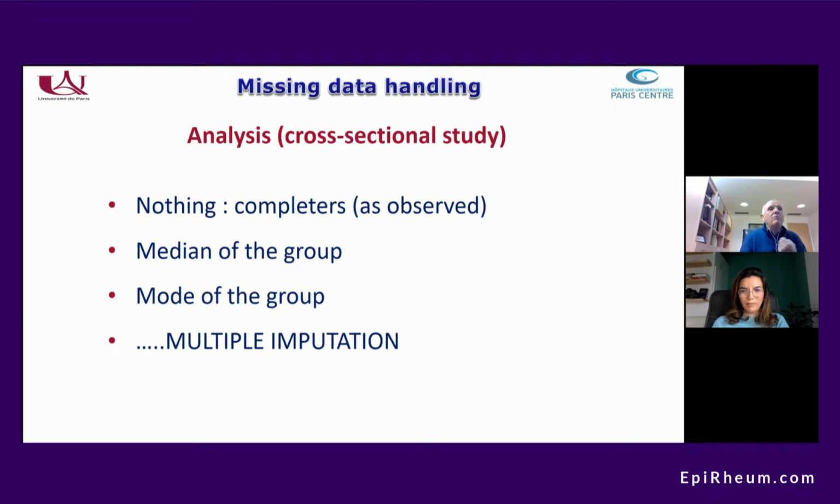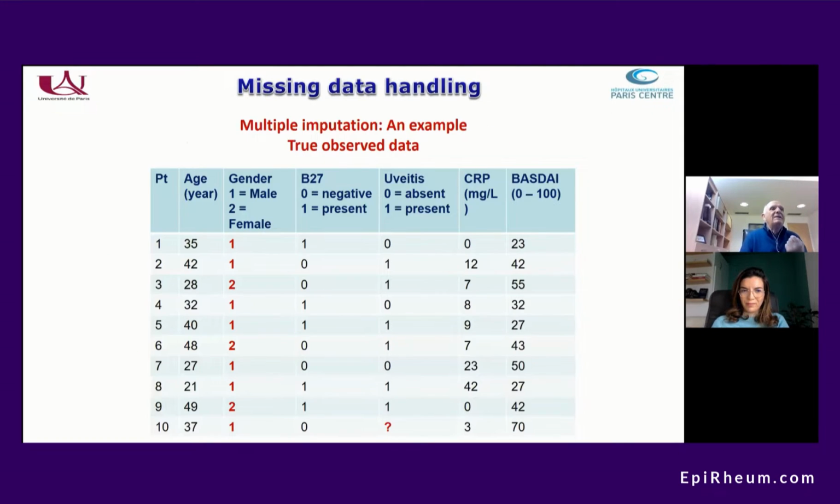What does multiple imputation mean? In fact, when in a database you have collected not only the information with the missing data, as in the example of the gender, but you have also other information. Here I give you again the example in spondyloarthritis, where apart from the gender, you have the information concerning the age of the patient, the B27, the uveitis, CRP, and BASDAI.